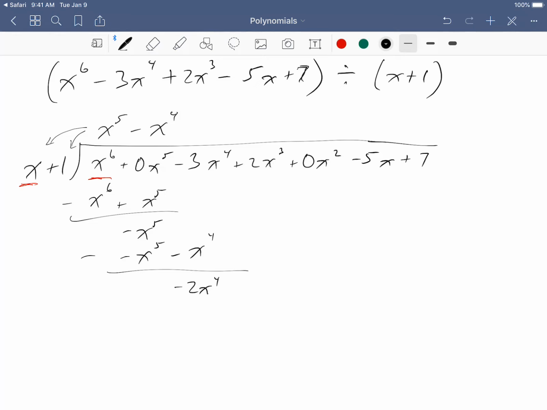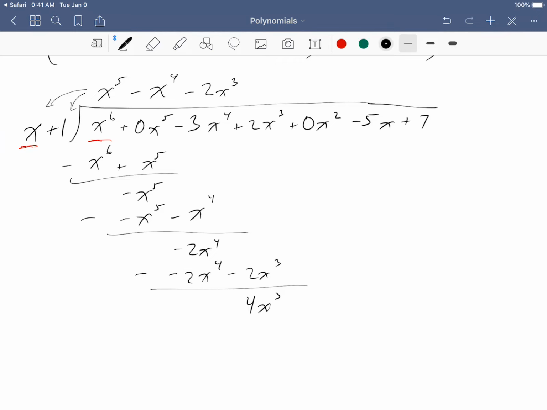Okay, so now back to x plus 1. x goes into minus 2x to the fourth, negative 2x cubed times. So now negative 2x cubed times x, and negative 2x cubed times 1. I get this, and I'm going to subtract down. So my x to the fourths go away, and up at the top, I have a 2x cubed plus 2x cubed, which gives me a 4x cubed.